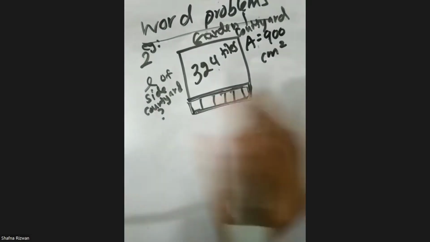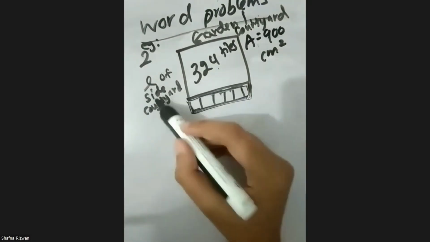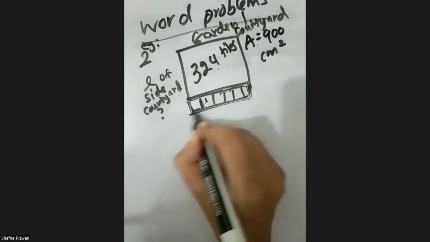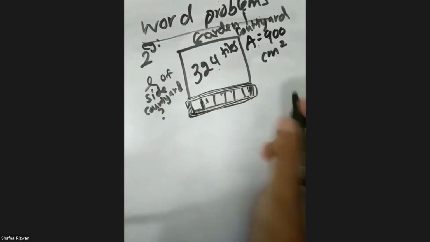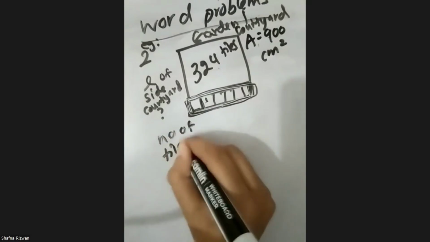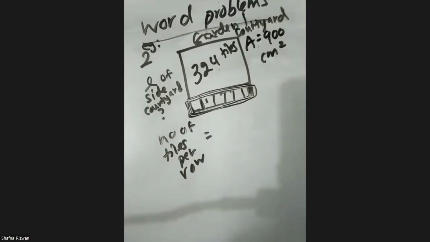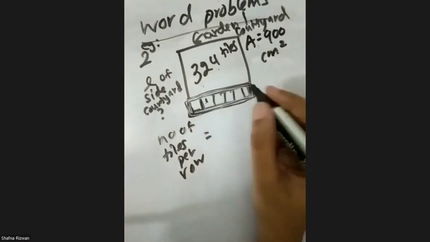In per row, you have to find it. Then only you can find the length of one side. So first of all, let's find how many tiles you all have in one row. To find the number of tiles per row, remember that, how many tiles do you have? 324.